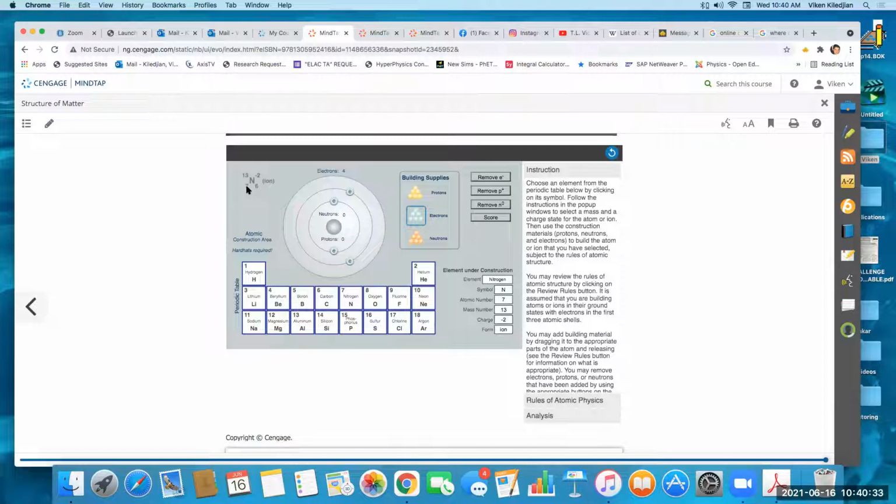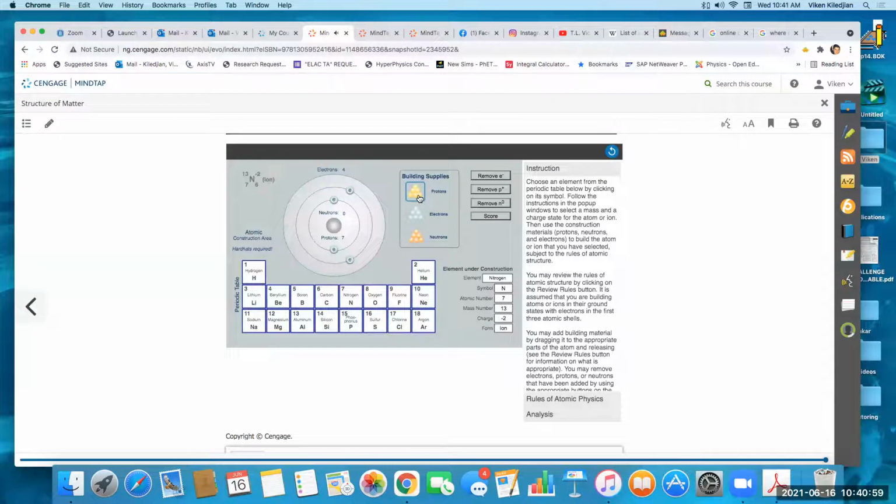So it's got 7 protons, 6 neutrons. Neutrons is going to be 6.